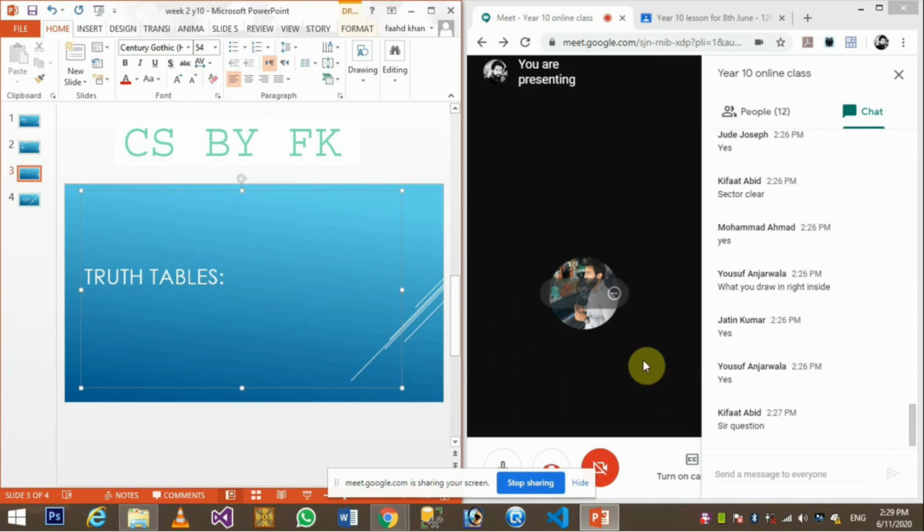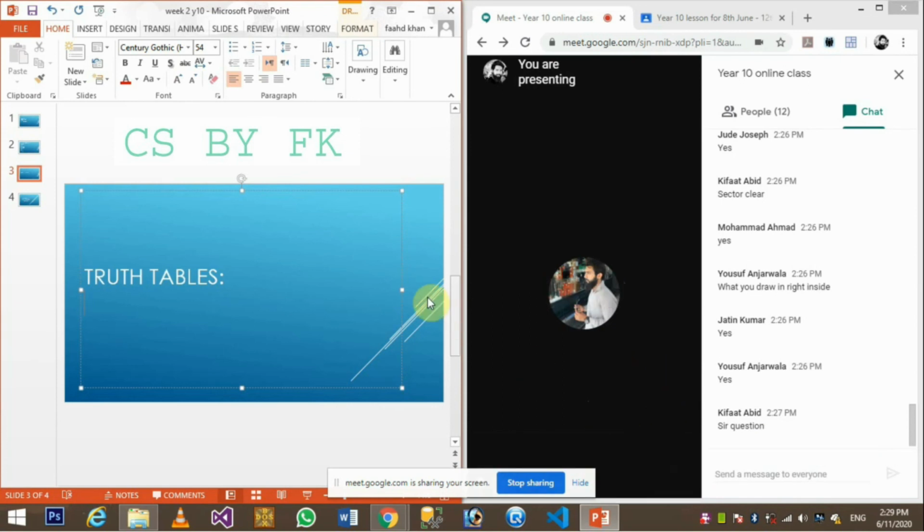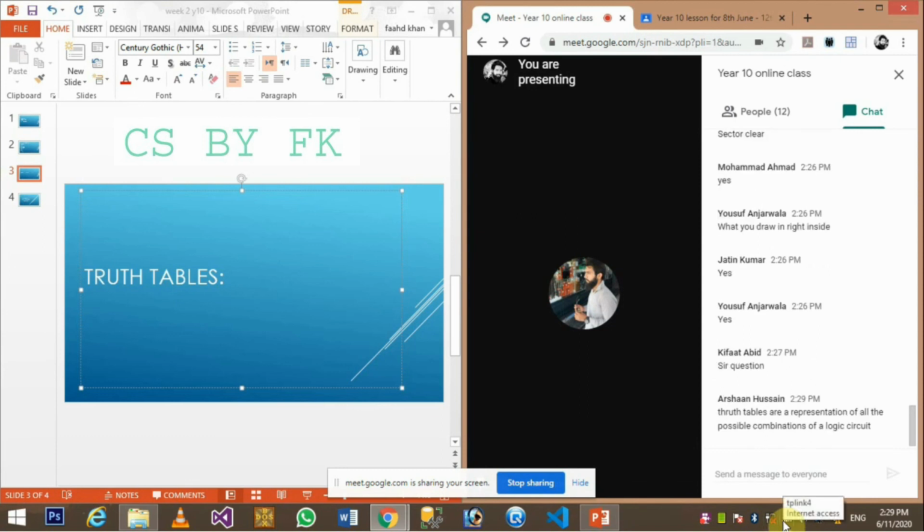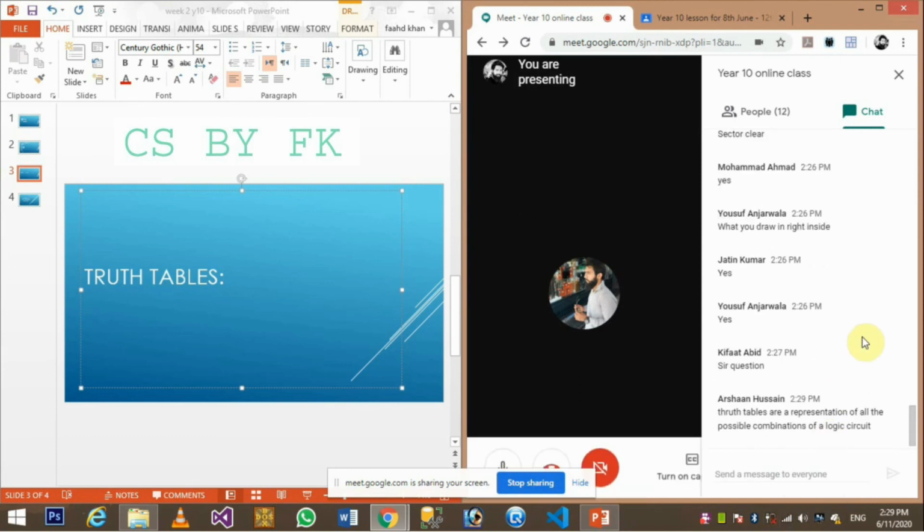Why do we use a truth table? A truth table is a representation of all the possible combinations of a logic circuit. Very good. That's right, Ashan.